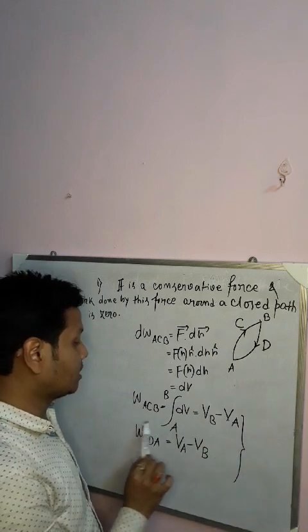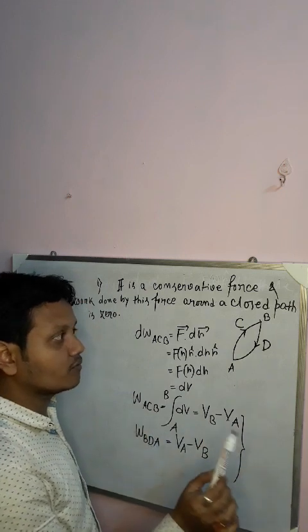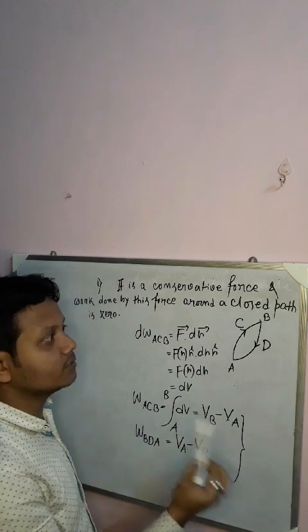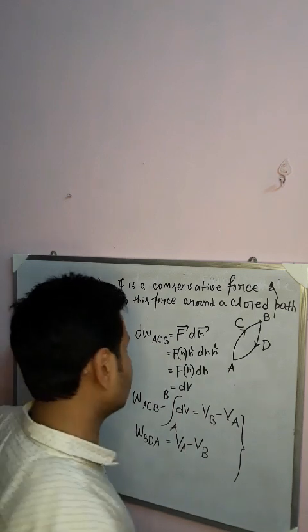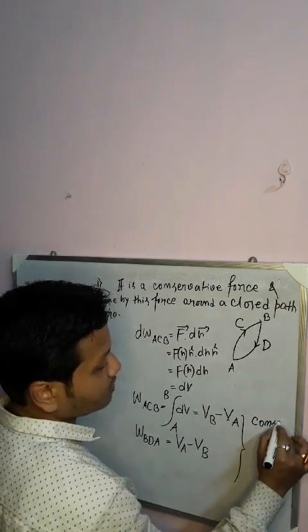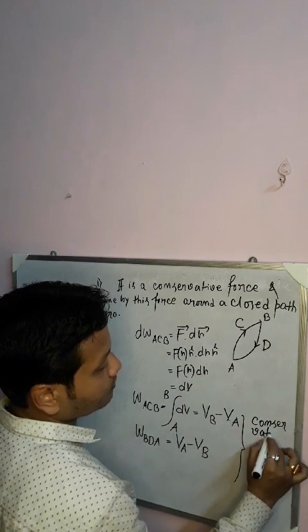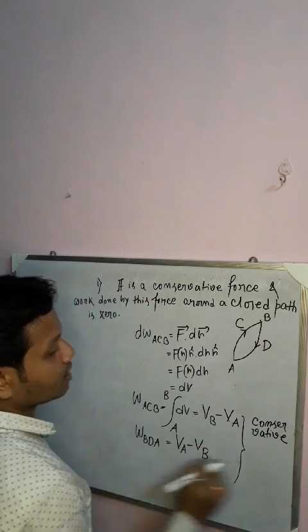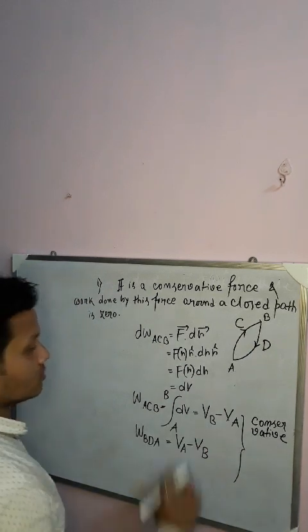So clearly the work done depends only on the initial and final positions. You can easily conclude that the force is conservative, since W depends upon V and V depends upon r. So the force is conservative.